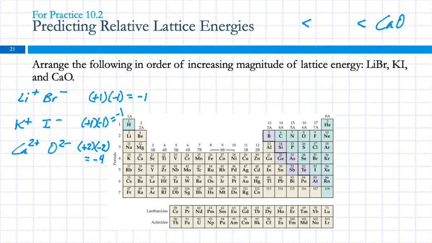So then what do we do with the rest of them? How do we tell the difference between lithium bromide and potassium iodide? The charges are the same, so then we're going to look for sizes. We're going to look at potassium and lithium. Which is bigger, which is smaller?